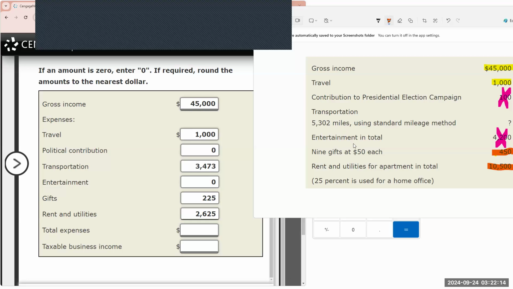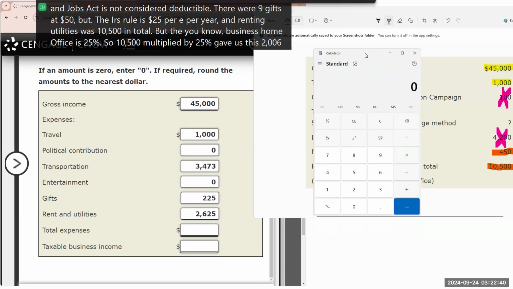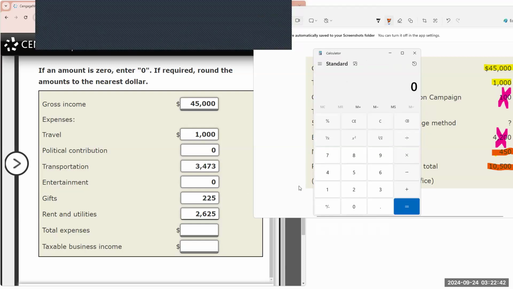Entertainment, due to the Tax Cuts and Jobs Act, is not considered deductible. There were 9 gifts at $50, but the IRS rule is $25 per donee per year. And rent and utilities was $10,500 in total. But the business portion, home office, is 25%. So 10,500 multiplied by 25% gave us this $2,625.